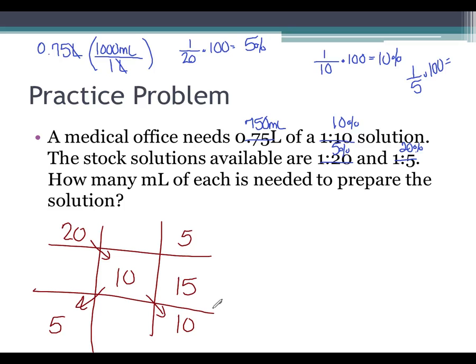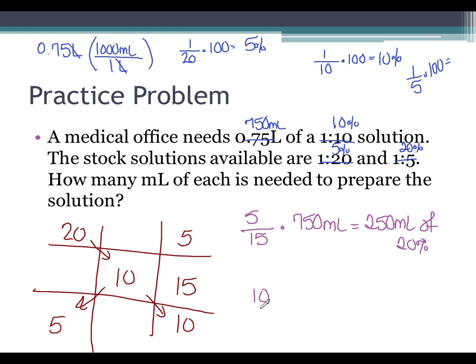Now I'm going to calculate exactly how much is needed. I'm going to take the parts of my 20%, which is 5, divided by my total parts, which we calculated as 15, times 750, and I get 250 mLs of my 20%. I'm going to do the same thing for my 5%.